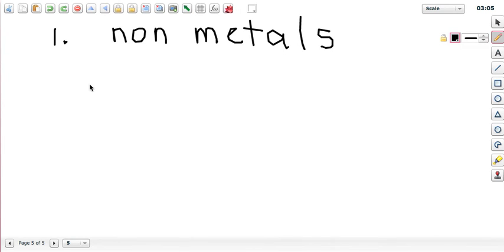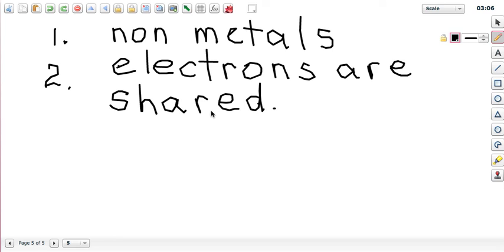And what I have not mentioned is that the electrons are not transferred, but the electrons are shared. So you need to know that in a covalent compound, the electrons between neighboring atoms are shared, and we'll talk about it some more in another video. Not transferred. As I said before, there are no cations and no anions.